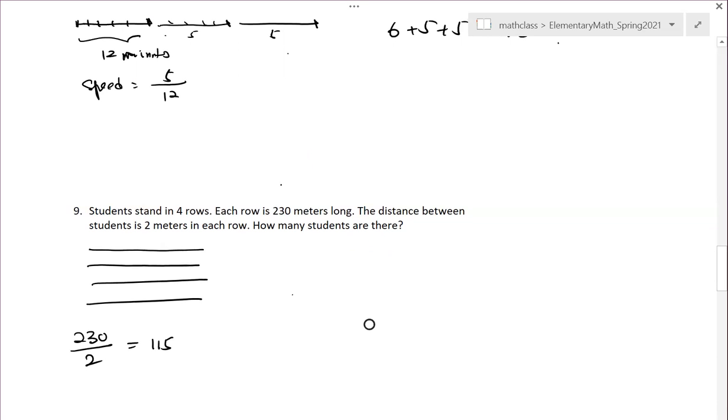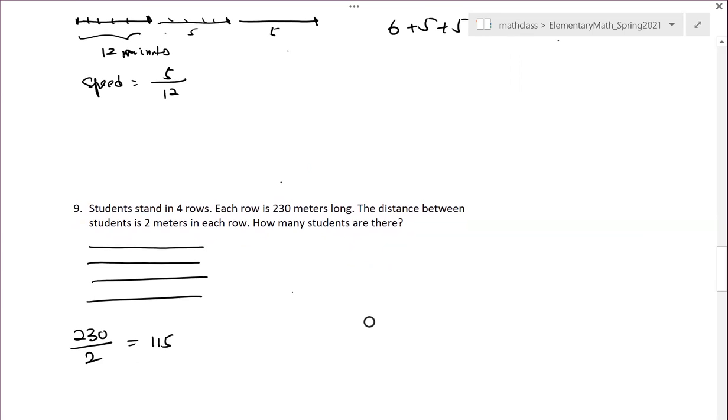Then how many students, right? So the number of sections is 115, but the number of students in the row is 1 plus 115. It's 116. So 115 plus 1 is 116.